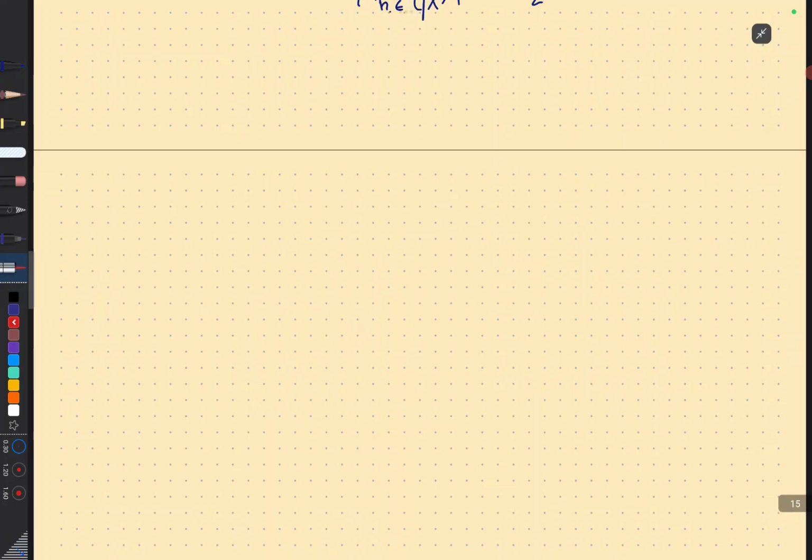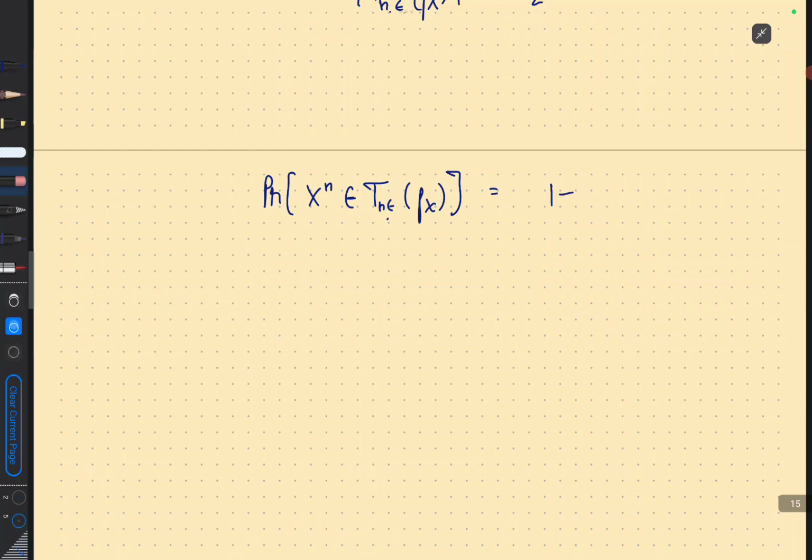All right. So the probability that Xn belongs to the typical set is exactly equal to 1 minus the probability of error, which we showed decays exponentially fast.